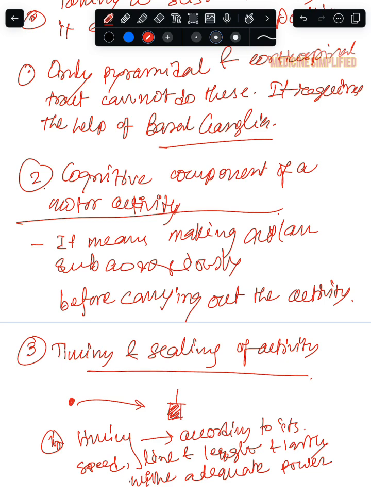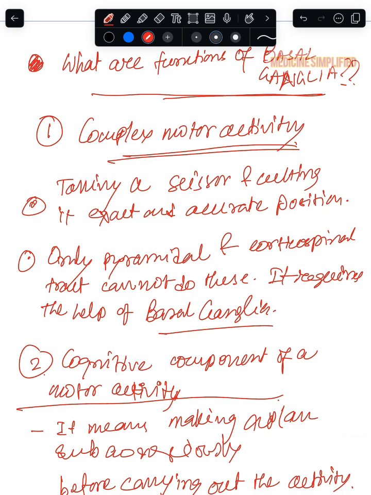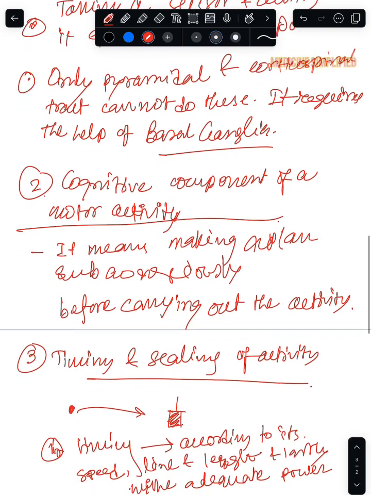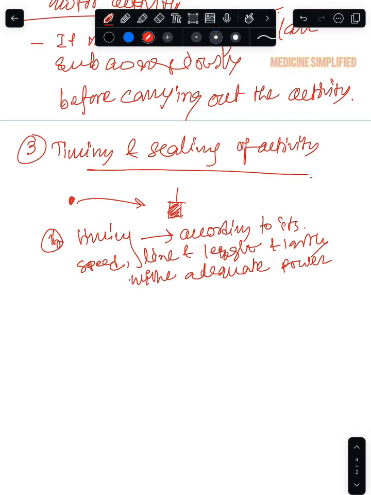So all these 3 functions are carried out by basal ganglia. Number 1, complex motor activity. Number 2, cognitive component of a motor activity. Number 3, timing and scaling of activity. It's a very important topic, and just understand the concept.